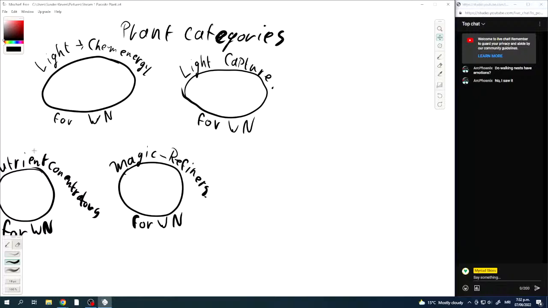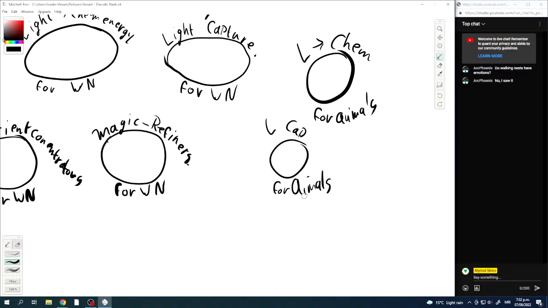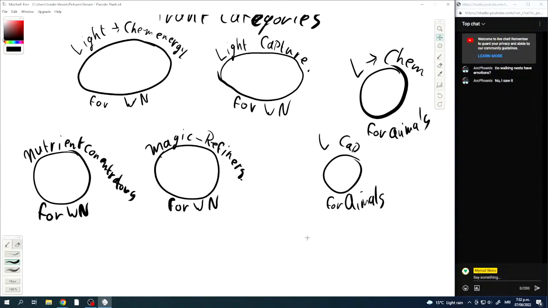And then you've also got light to chem for animals. Light capture. Don't mind the spelling, it's just to get the idea across.